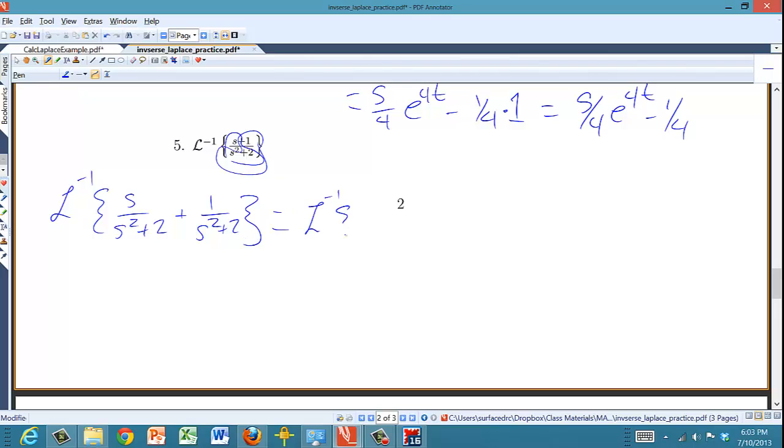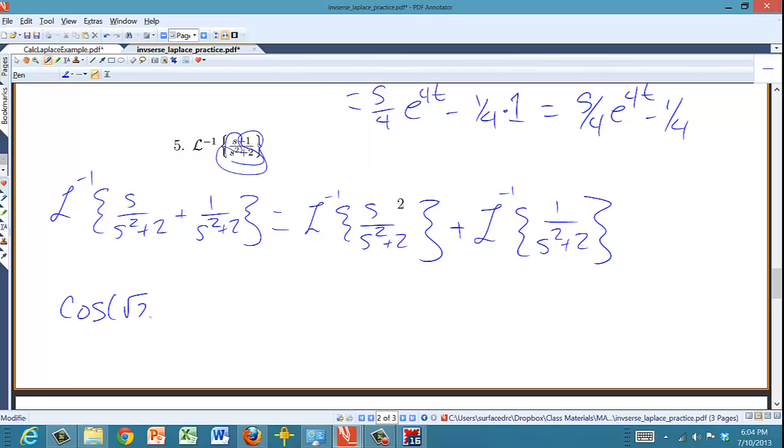So that's the inverse Laplace transform of s over s squared plus 2, which I know, plus the inverse Laplace transform of 1 over s squared plus 2. I'll have to fix that guy up a little bit, but I'm pretty close. So this inverse Laplace transform I can calculate immediately. This is cosine of root 2t.